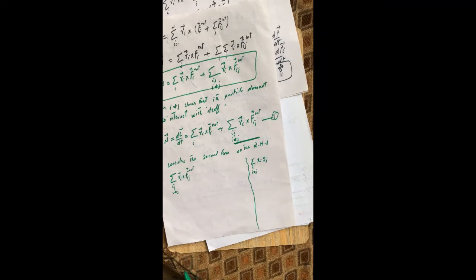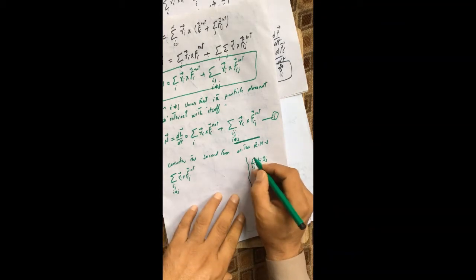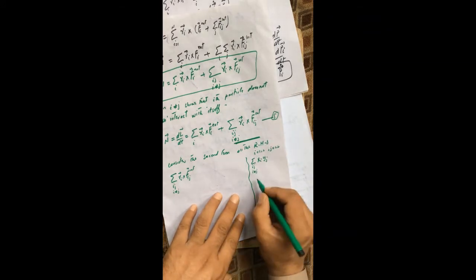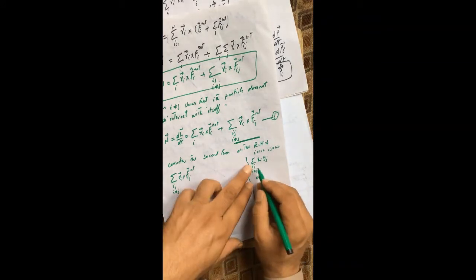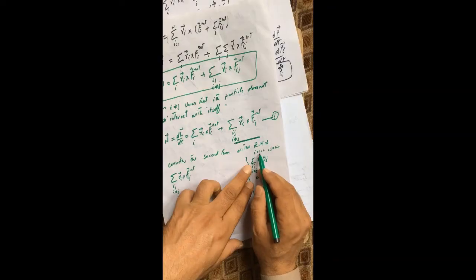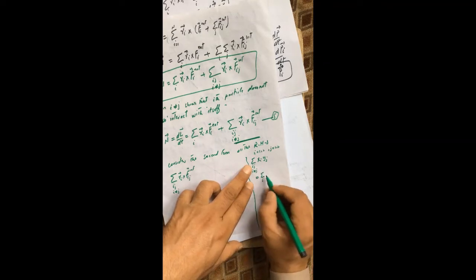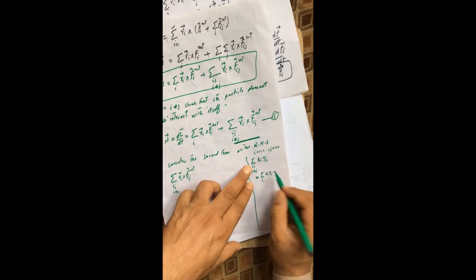Let i values be 1 and 2, and j values be 1 and 2. Then this summation gives, if I take i equal to 1, the sum over j of x1 yj plus x2 yj.